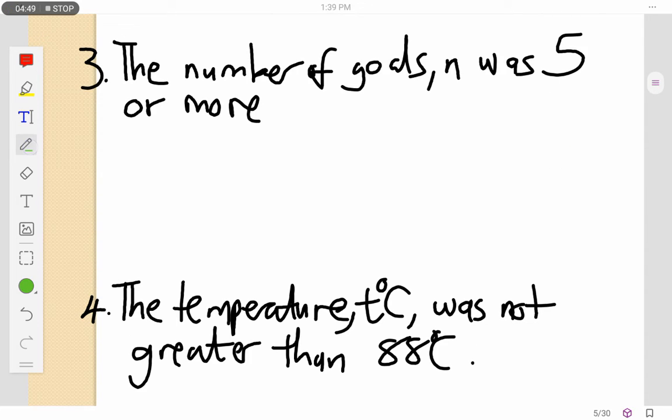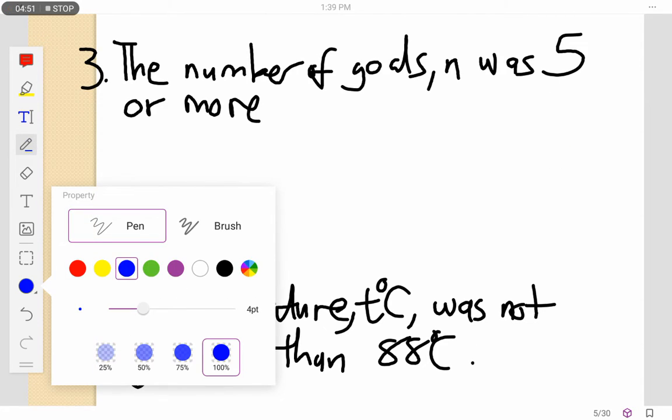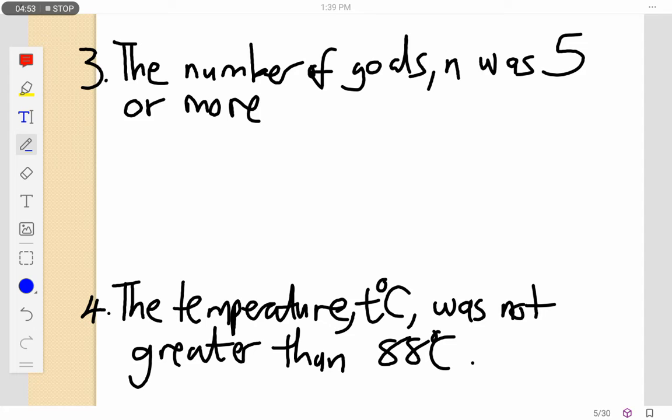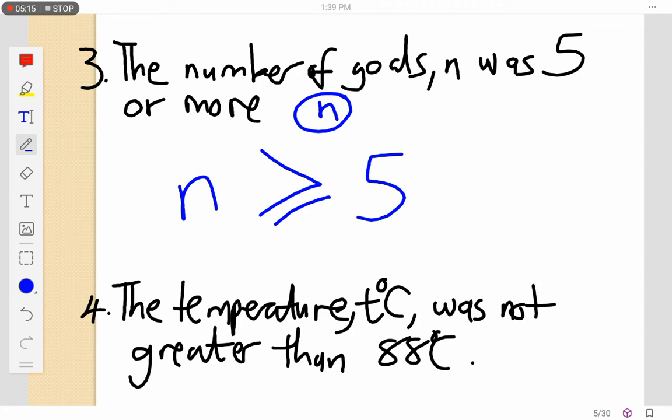Number 3, we are saying the number of goals n was 5 or more. So we are going to use n instead of x this time around. So we are saying n is going to be 5, that's the equal sign, or more, that's the greater sign.